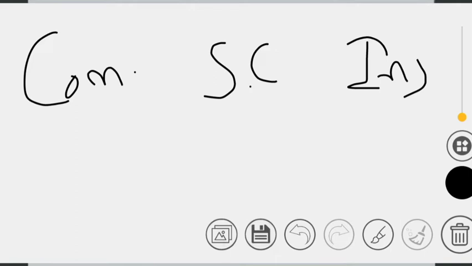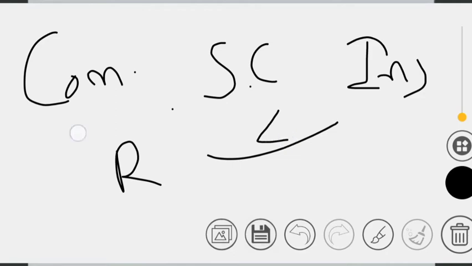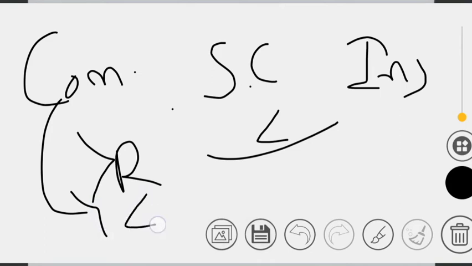So semiconductors have resistivity less than an insulator but greater than a conductor. Conductance will be less than conductors but greater than insulators. Clear?